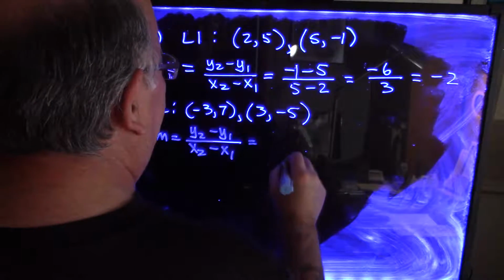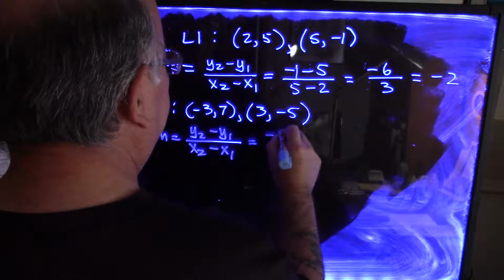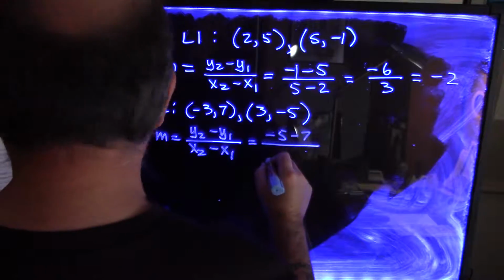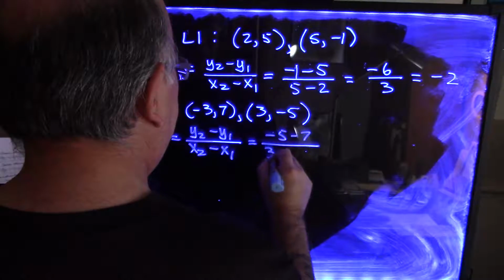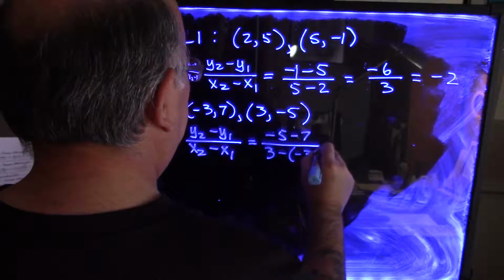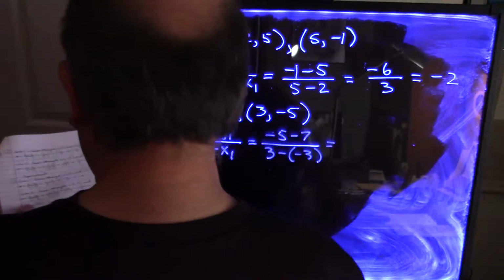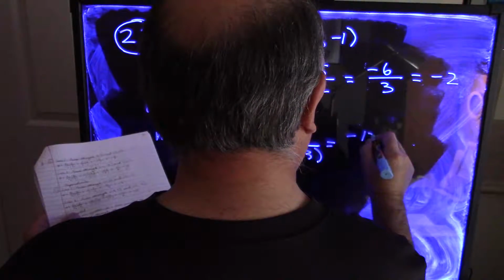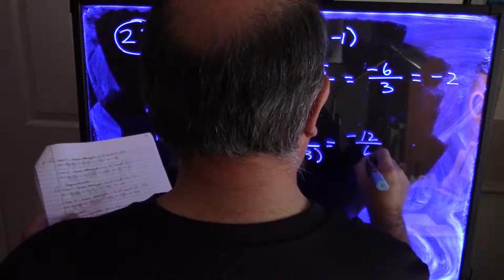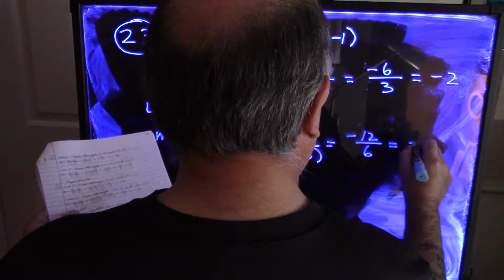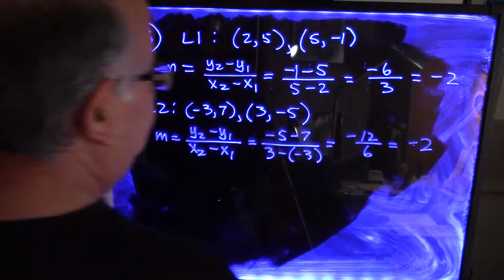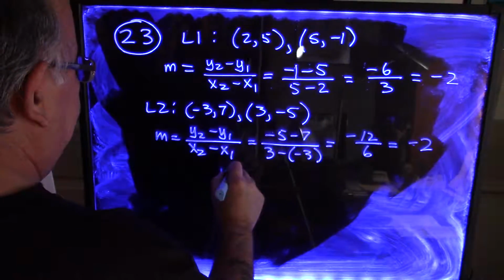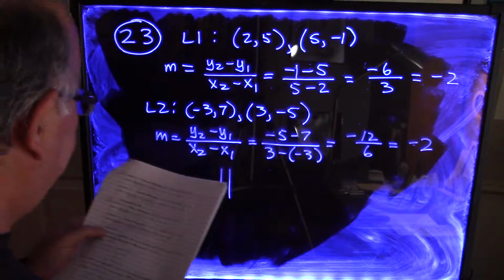So we've got negative 5 minus 7 in the numerator, and in the denominator 3 minus a negative 3. So that equals negative 12 over 6, which equals negative 2. So the slopes are the same, so they're parallel. Parallel.